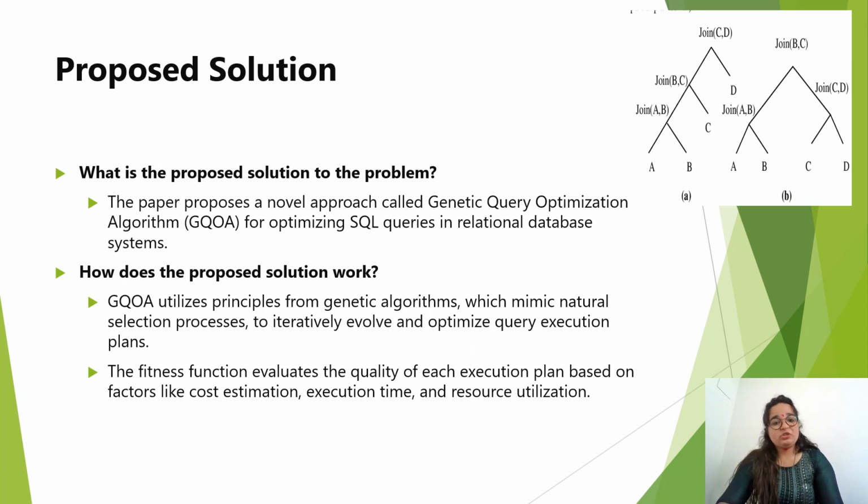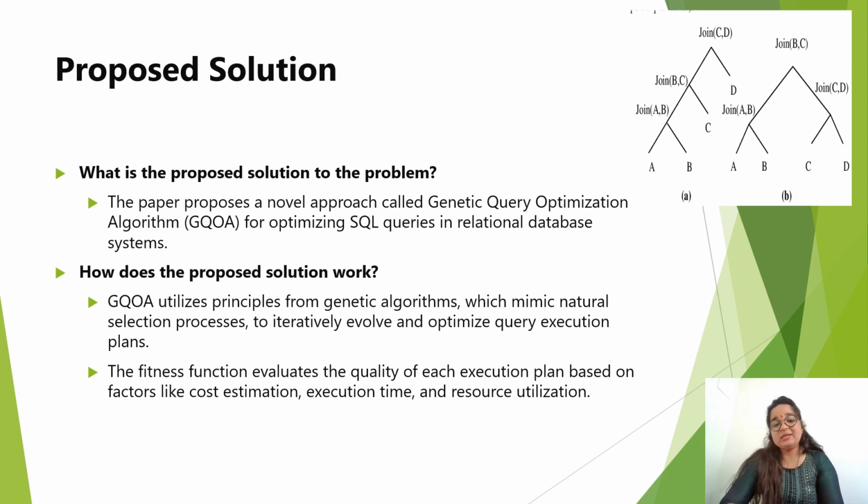The proposed solution the author gave for resolving this problem is first the genetic query optimization algorithm for optimizing SQL queries, the structured query language, in relational database systems. The paper proposed research on that type of system. How does this genetic query optimization algorithm work for our problem solving?